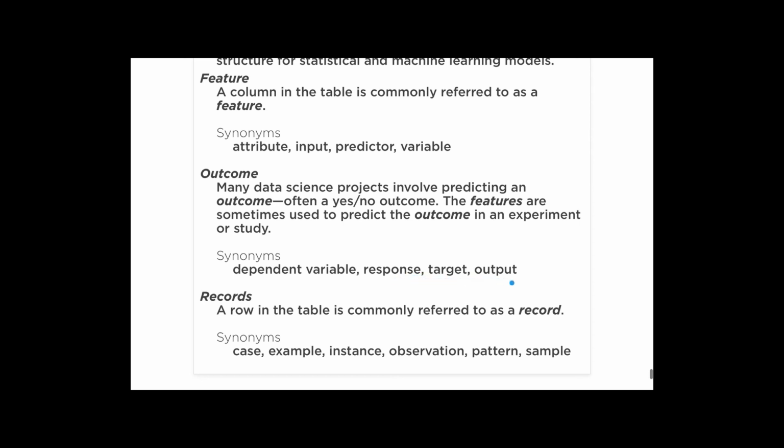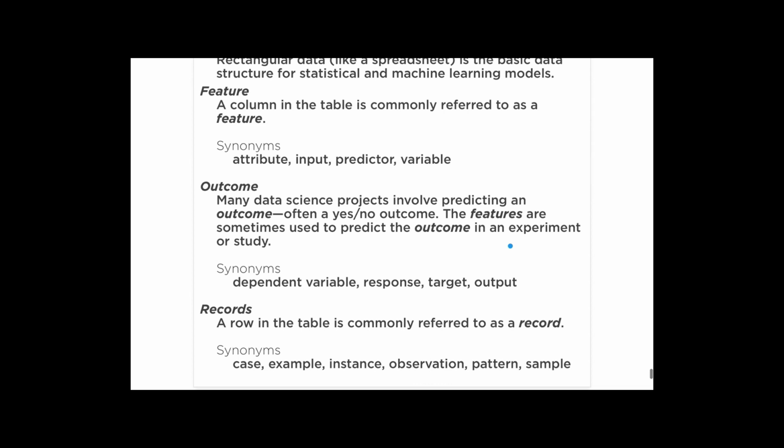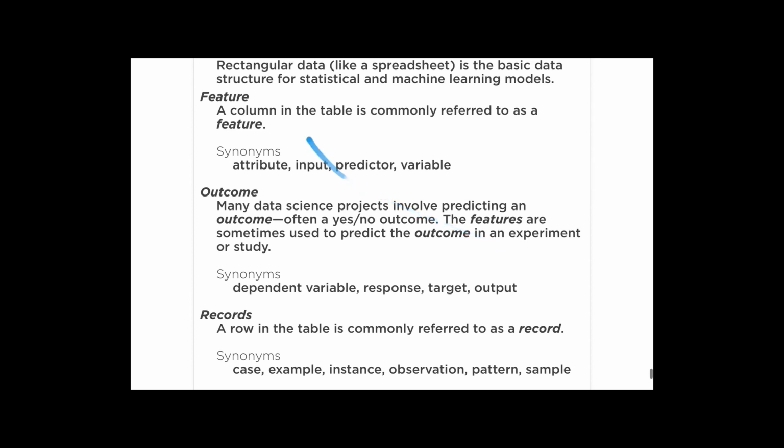So in your reports, think of what exactly your audience is, whether you're using feature and outcome or dependent variable and predictor. Think of which terms you should use and be consistent with them.